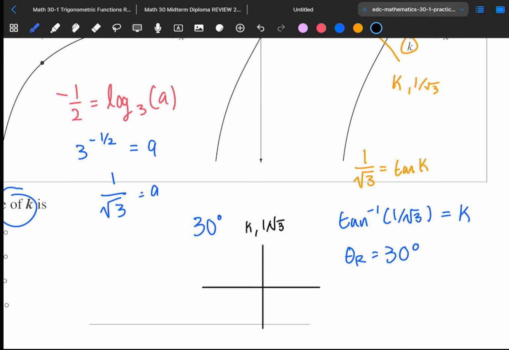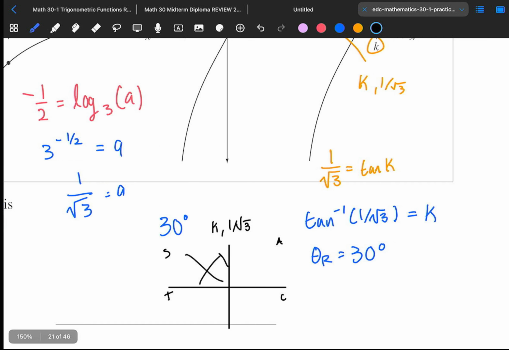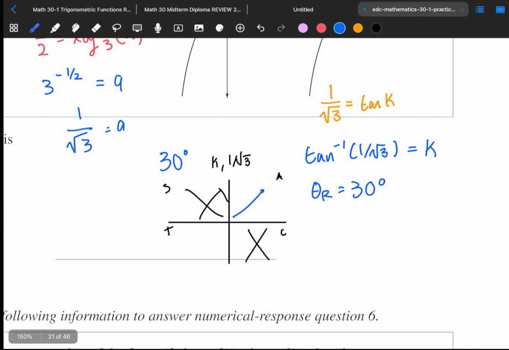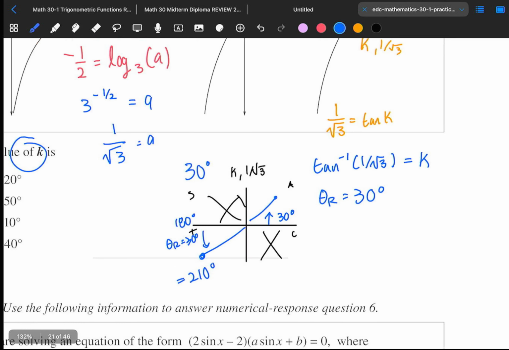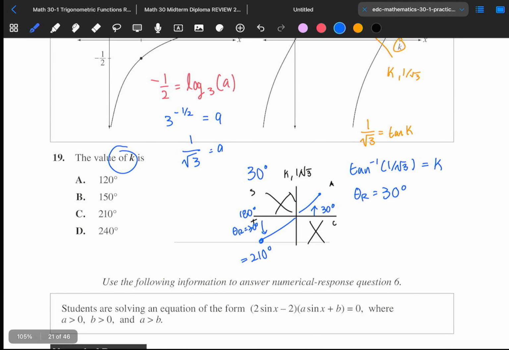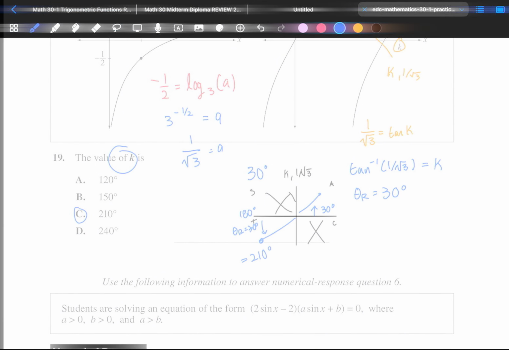Remember that tan, using the CAST rule, is only positive in the first quadrant and the third quadrant. So the only possible angles here would be 30 degrees or this angle down here, which is 180 plus this reference angle of 30, which is 210 degrees. So based off of that, our only possible answer here is 210, which is C.